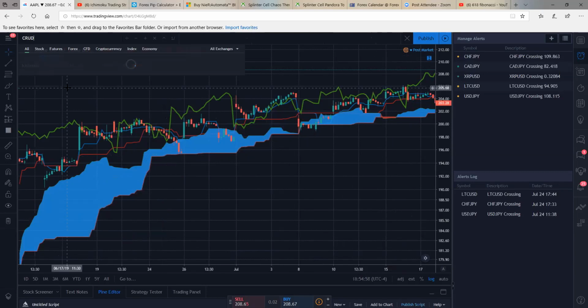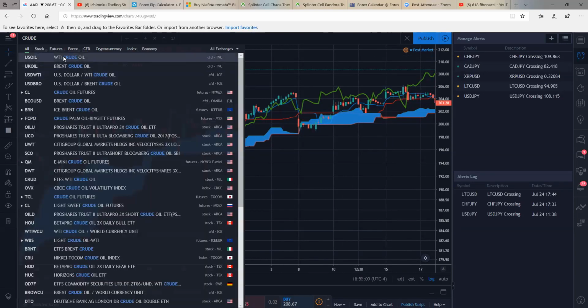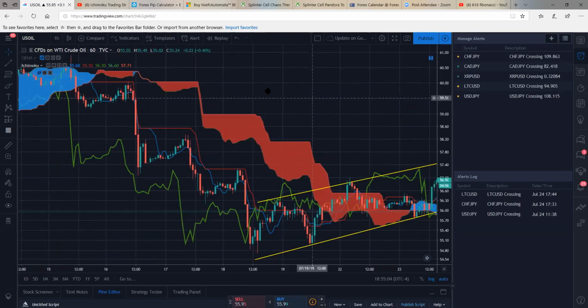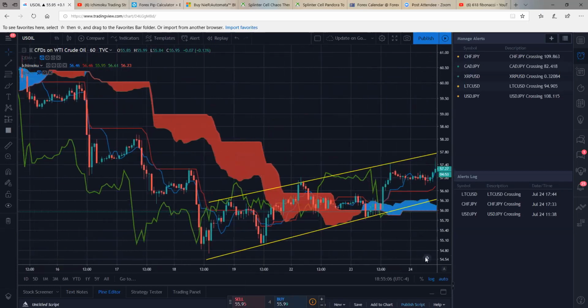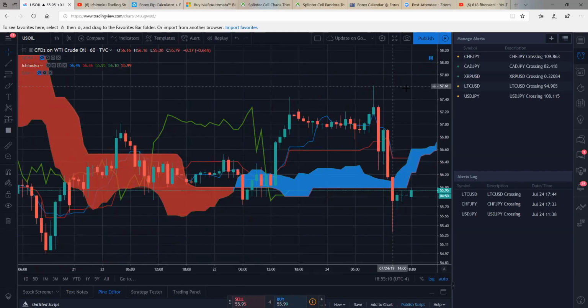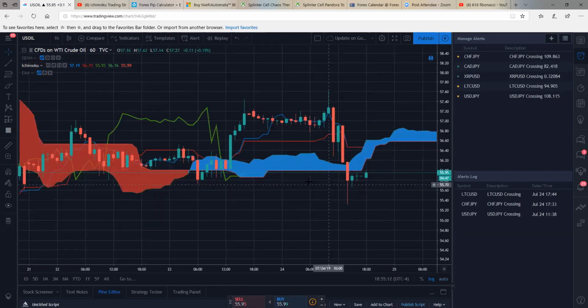I'll show you what oil is looking like, aka gas prices. I also use this to know when gas prices are going to rise slightly in our lives. Let me get rid of the trend line. All right, so these candles are inside the cloud. Darren, what are we going to do when this candle pushes out? Buy or sell?